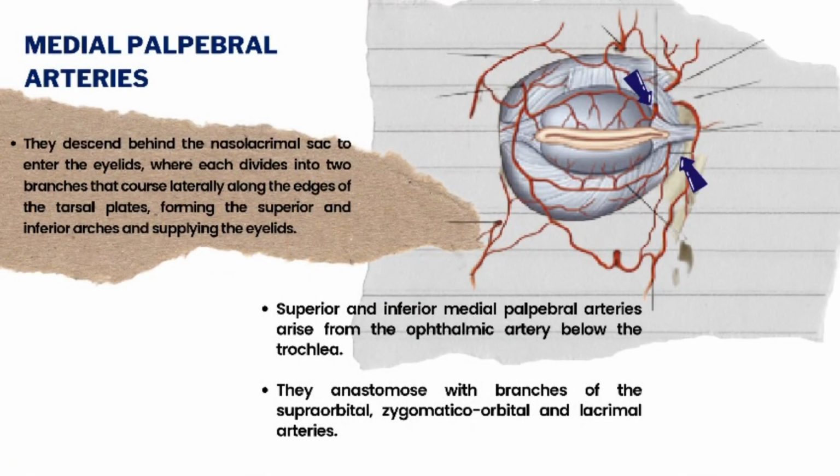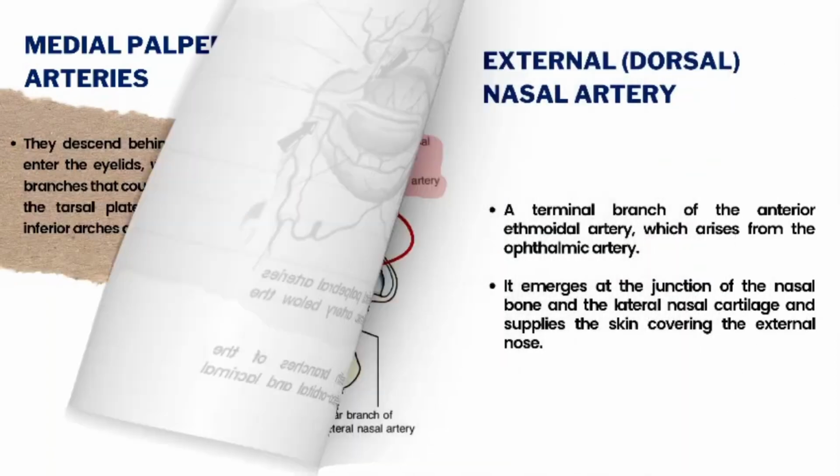The medial palpebral artery. Superior and inferior medial palpebral arteries arise from the ophthalmic artery below the trochlea. They descend behind the nasolacrimal sac to enter the eyelids, where each divides into two branches that course laterally along the edges of the tarsal plates, forming the superior and inferior arch and supplying the eyelids.